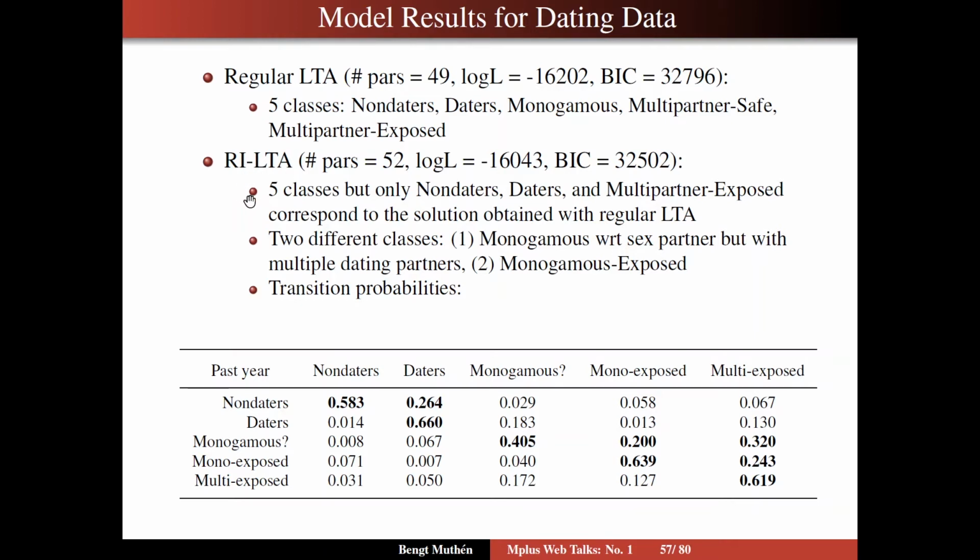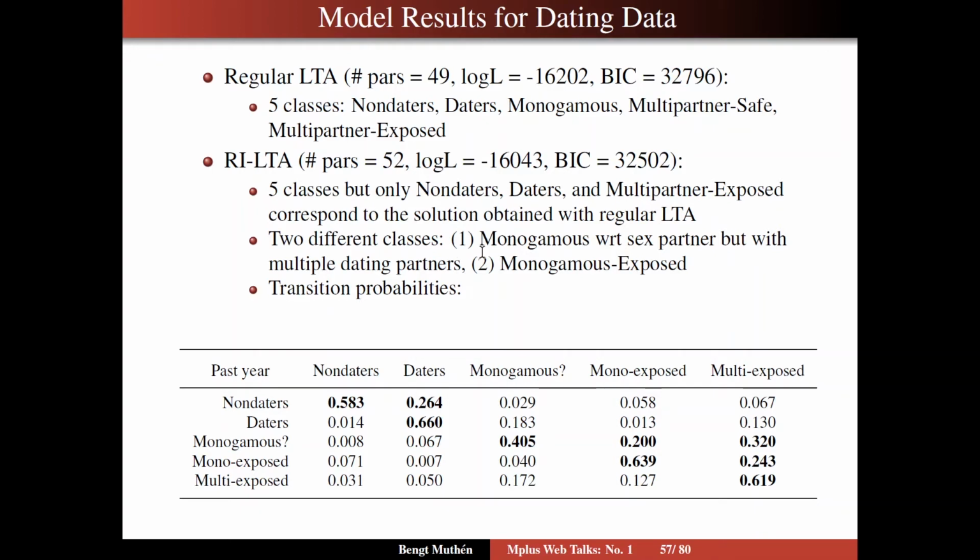And the RI-LTA also finds 5 classes as being the best choice, but only the non-daters and daters and multi-partner exposed classes from the regular LTA are found in the RI-LTA. Instead, we find 2 different classes.